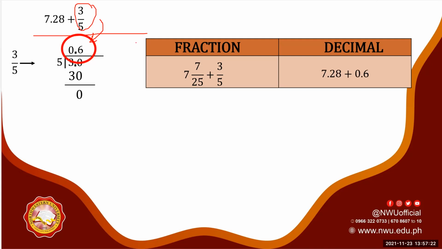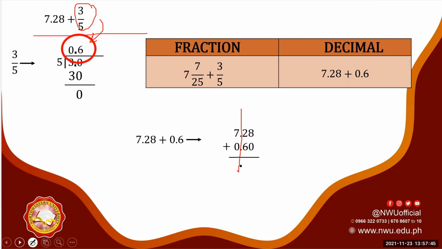Pero hindi lamang yun nagtatapos doon. Of course, since it deals with operations, you need to find the answer. So you just simply add 7.28 plus 0.6. And I already taught you how to add decimal numbers. You can do that by just aligning the decimal points. Dapat magkakabatog sila.